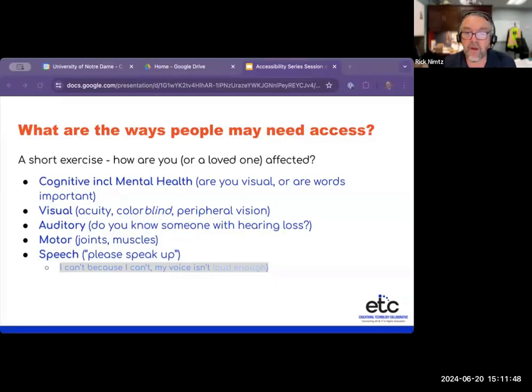And let me expand a little bit on the speech. It's not just because nobody spoke up, but there are people in a group situation like this that don't want to speak up because of an anxiety or whatever.